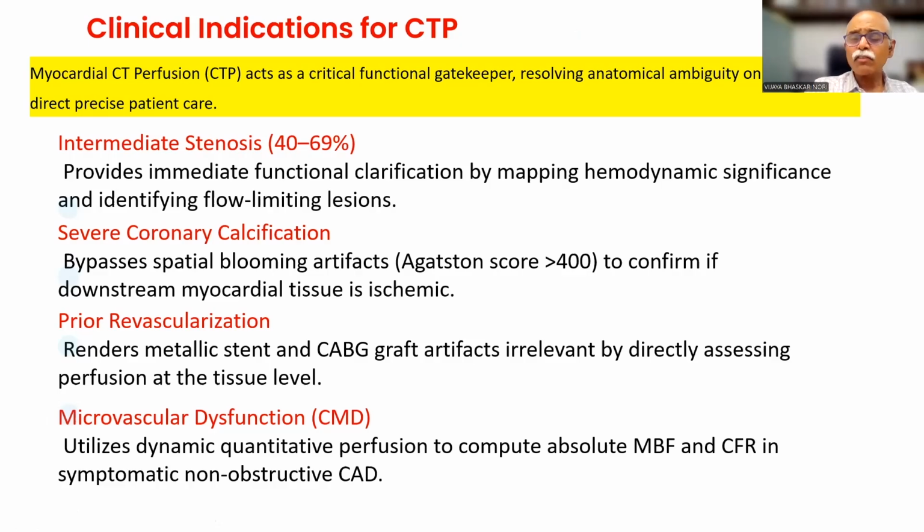Then coronary microvascular dysfunction, where the epicardial artery stenosis is less than 50% or there is no stenosis. The patient has chest pain. In such a situation, myocardial perfusion will help us tell whether it is a microvascular dysfunction or a significant epicardial stenosis.